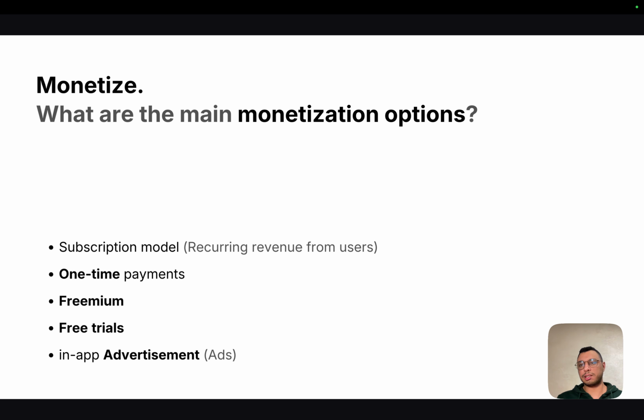There are also free trials, where we can give a user a trial for maybe some days before he pays for the app. Also, there is the advertisement or in-app advertisement model, using networks like Google AdMob, AppLovin, or others. And we can use credits or pay-as-you-go models, but those are the main monetization options.